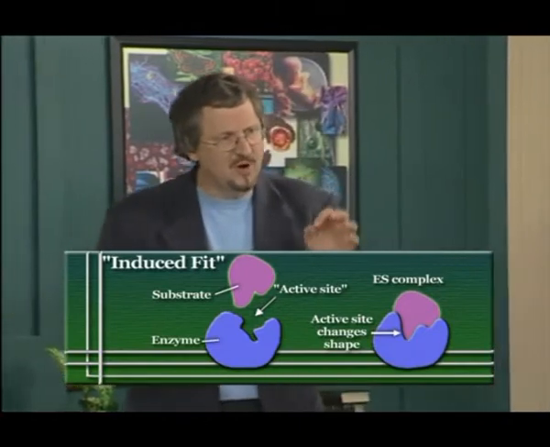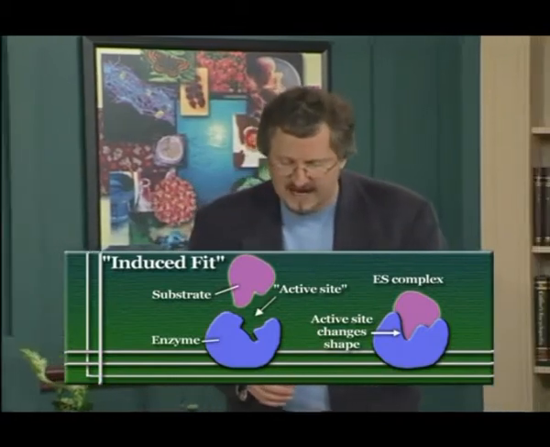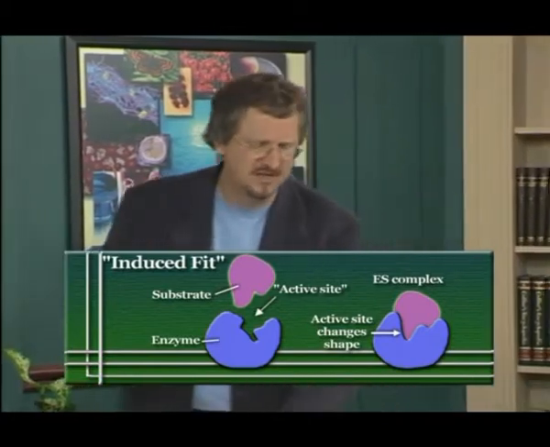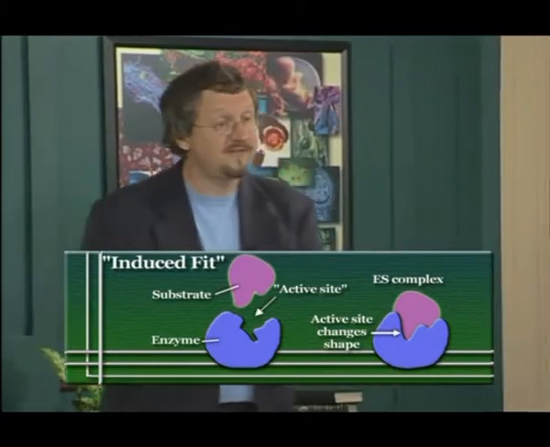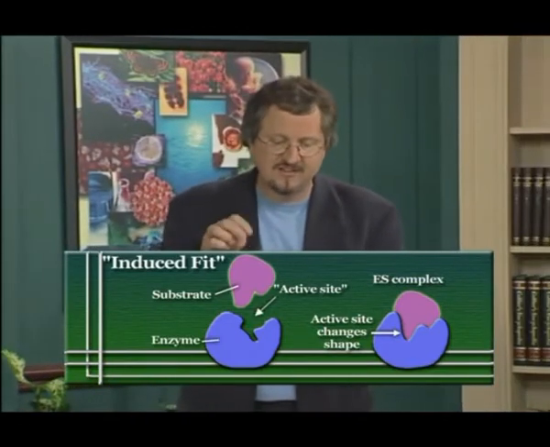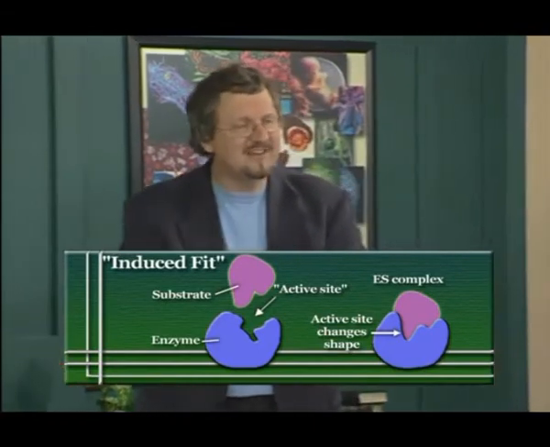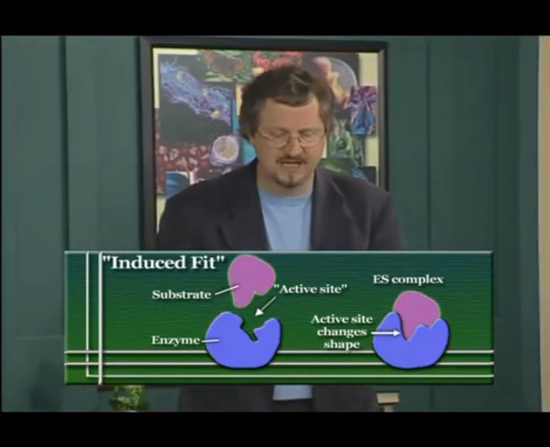This would be as though a lock changed its shape to envelop even more of the key as the key was first being inserted into it. Another image that's often used to describe this process is that it's as though the enzyme clasps its substrate, the way you might clasp another person's hand when you're shaking it.